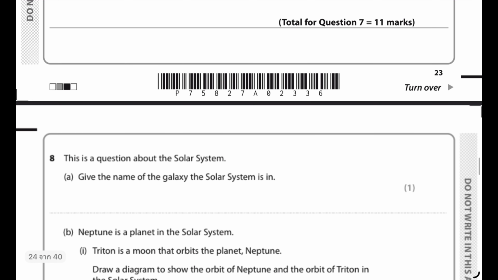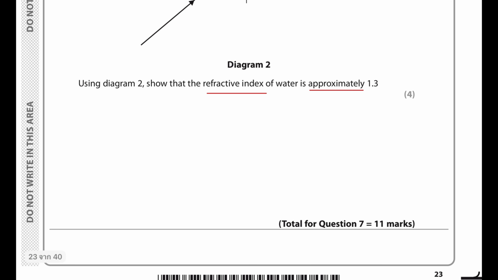So we have sine of critical angle equal to 1 over n. So we have sine of 50 degrees equal to 1 over n. Therefore, n equals 1 over sine 50 degrees, which is equal to 1.305.